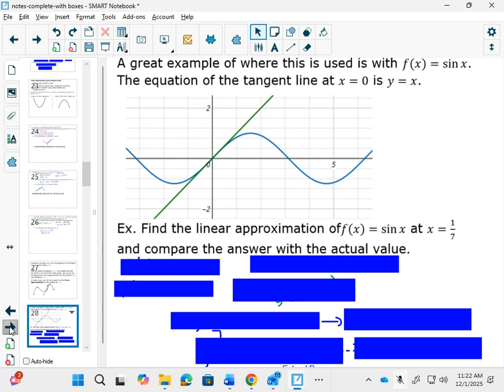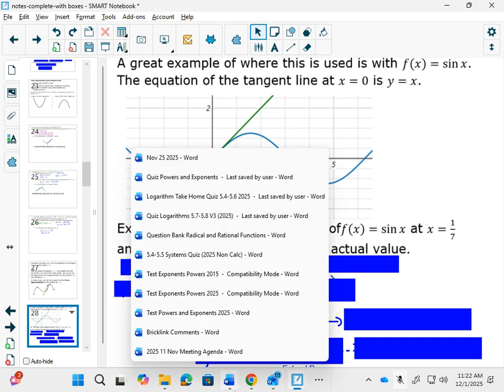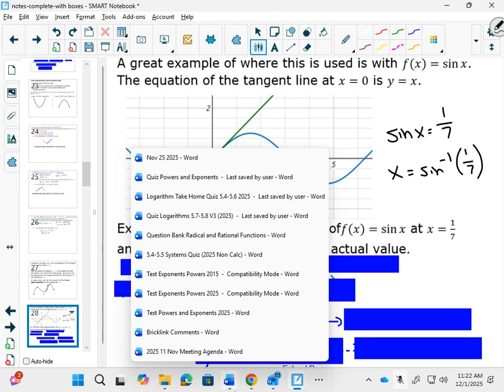So for example, here's my example on the calculator. I've got a question that looked like this: sine of x equals 1/7. You know that you should find this by doing the inverse.